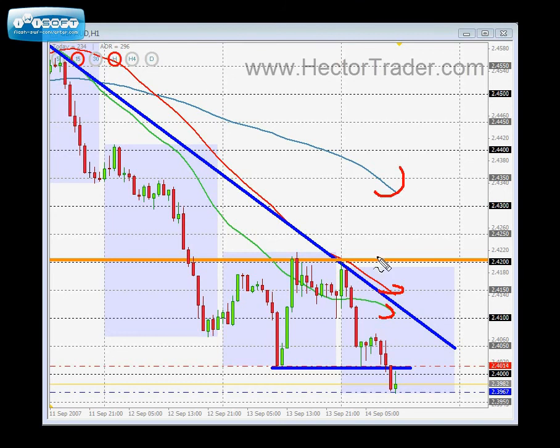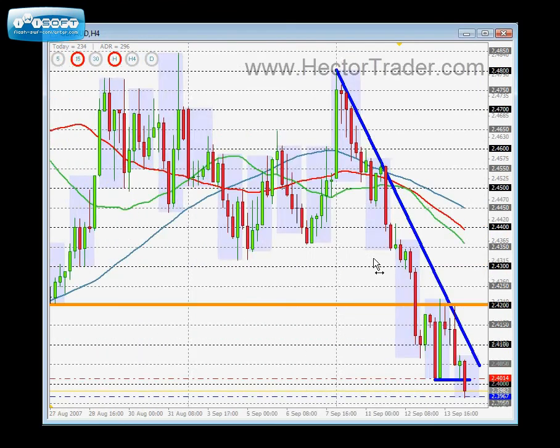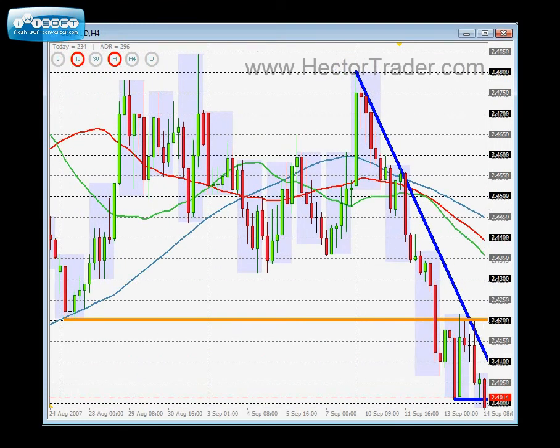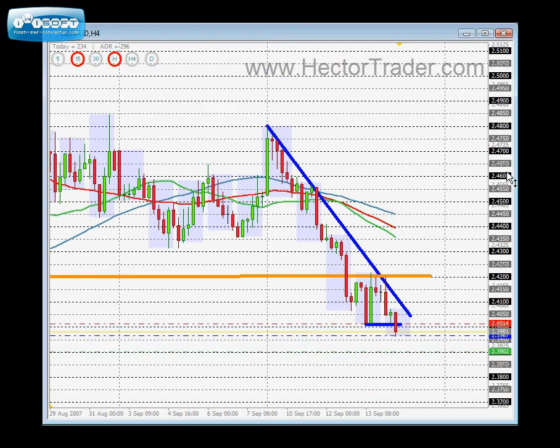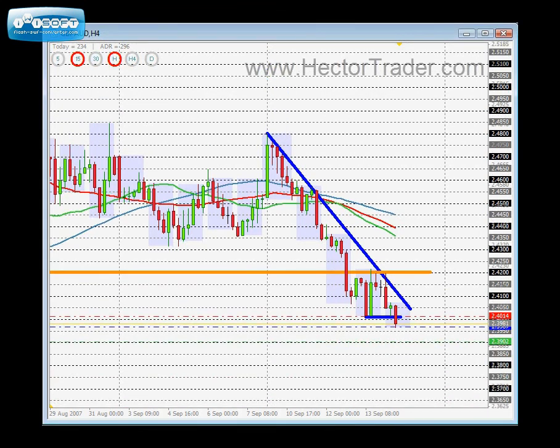And also, if we zoom into the 4 hour time frame, if we zoom out a little bit, we have this level that I was commenting on yesterday, this former level of support, broken and retested from below, and from there the cable has resumed its move to the downside. Breakout, pullback, continuation in a much larger scale, since this is a 4 hour time frame.